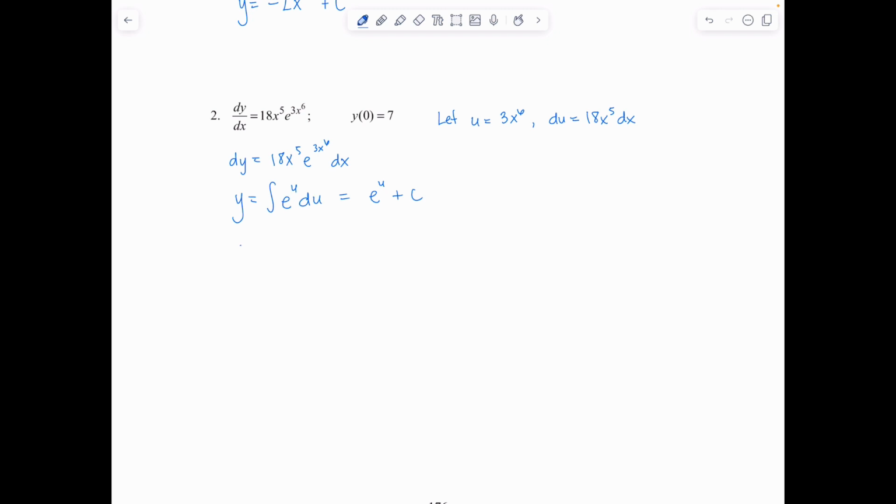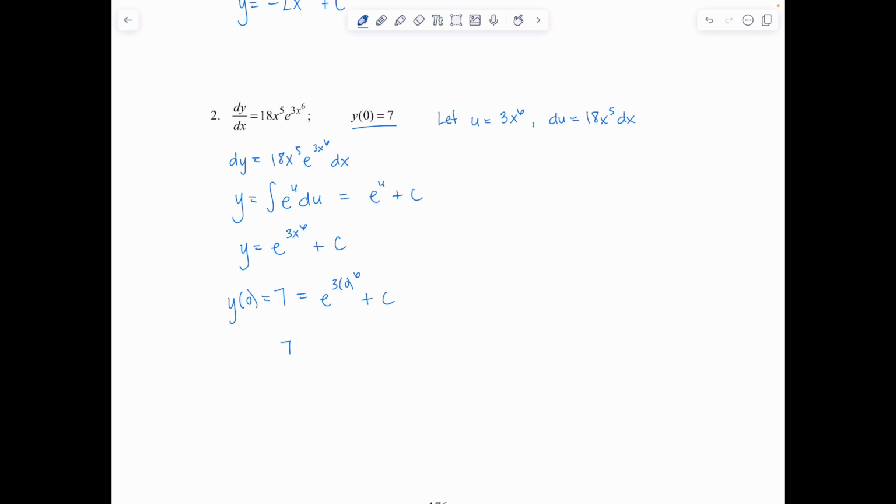And so our solution is y = e^(3x^6) + c. So y(0) = 7, and y(0) is e^(3 times 0^6) + c.